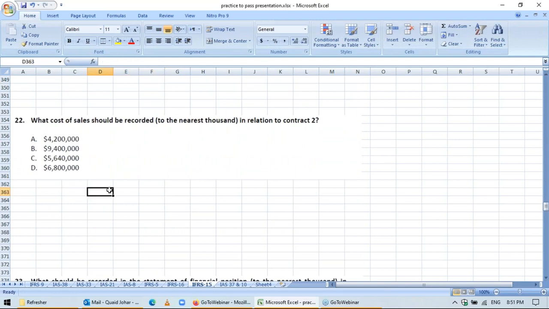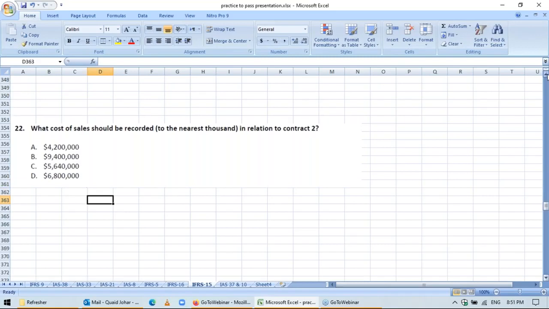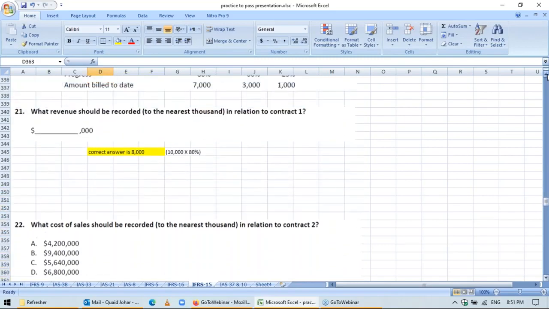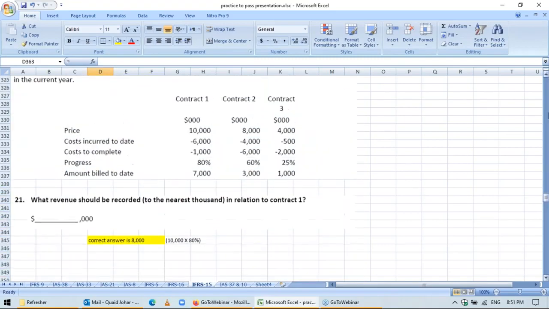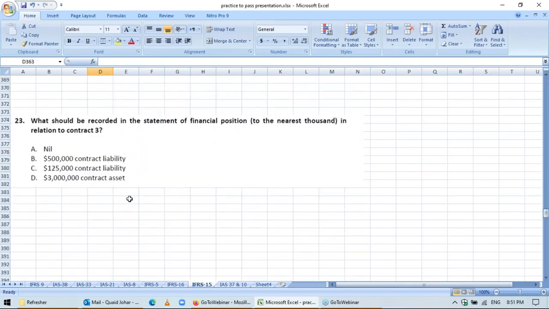What cost of sales should be recorded to the nearest thousand in relation to contract 2? So what cost of sales is required in this question? Okay, this is a bit technical one. Remember, this percentage of completion method is used only when profits are expected. Let me write it down.